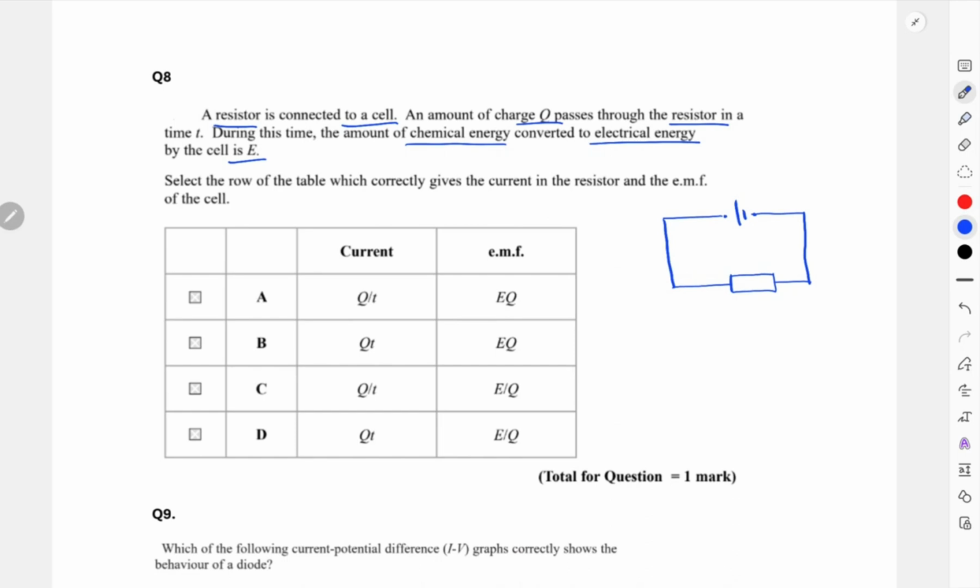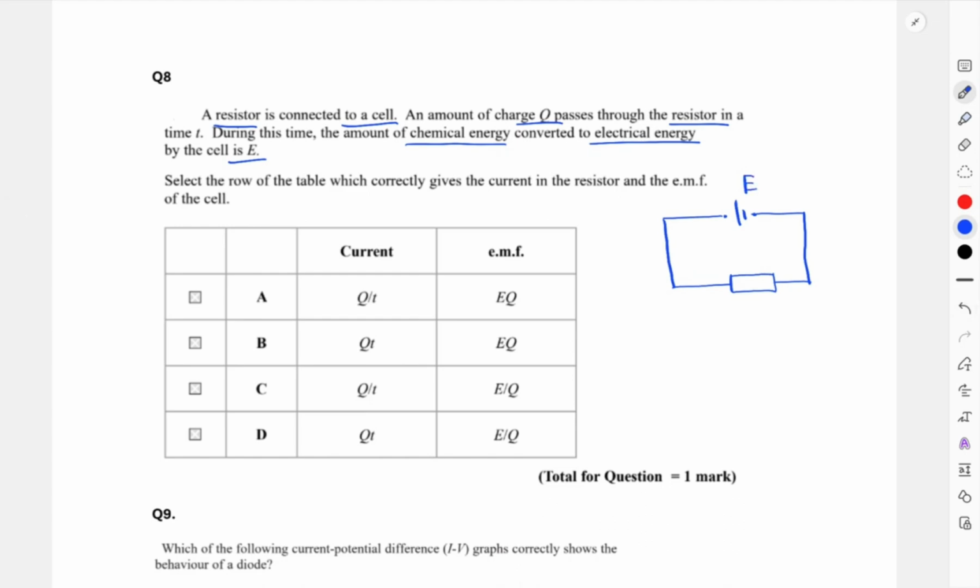A resistor connected to a cell, amount of charge Q passes through the resistor in a time t seconds. During this time, the amount of chemical energy converted to the electrical energy is given by E. Like over here, the total power supply for this cell was E, capital E, and they want you to find out the current through the resistor and the EMF.